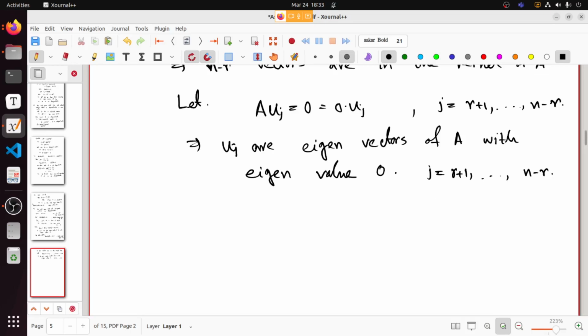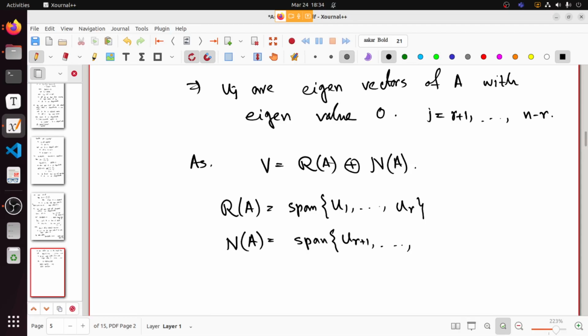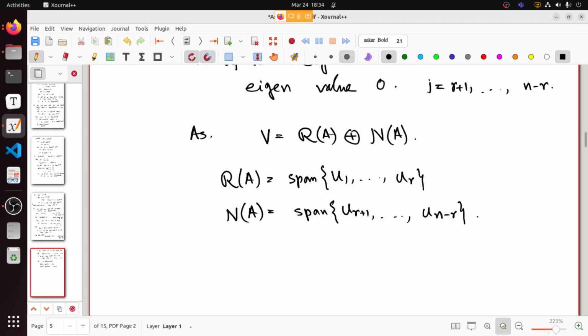And we can write V as a direct sum of range and nullity, V equals range of A direct sum null space of A, where the range of A is the span of u1 up to ur, and the null space of A is the span of ur plus 1 up to un, and all of them are eigenvectors.